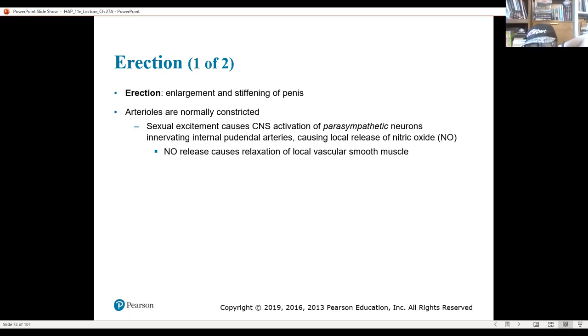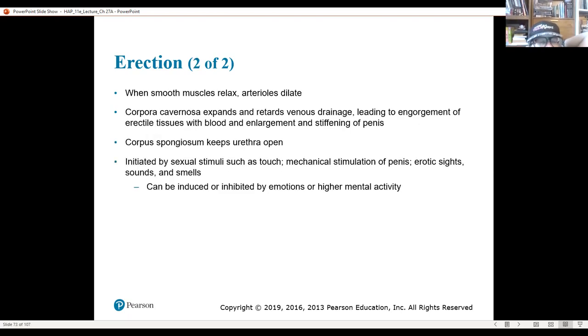By the way, that's what Viagra does. It messes with the nitric oxide and causes dilation. So when smooth muscles relax, the arterioles dilate, the corpus cavernosum expands, it fills with blood, and when it does it kind of pinches off venous drainage.